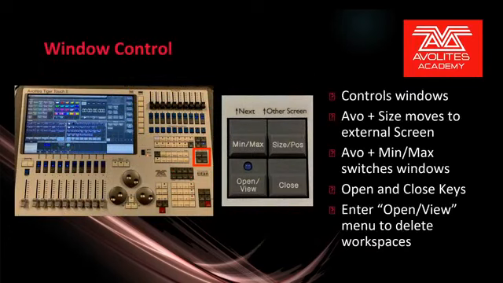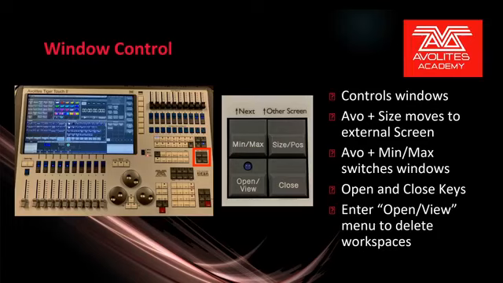Next we have what is called the window control section. You use it to control windows. If you use Avo and the size/position button, you can move your stuff to an external screen. Avo plus min max switches which window you're taking control of. You find the open and close window keys here, or open/view. On some consoles, it's labeled open, some is labeled view, some is labeled open/view.